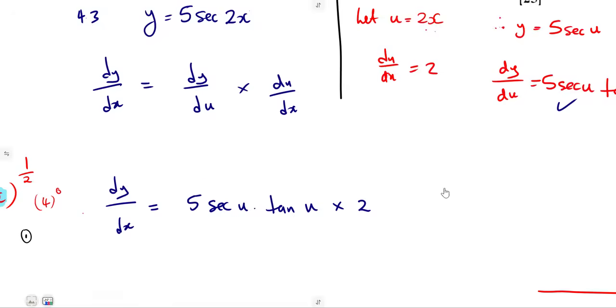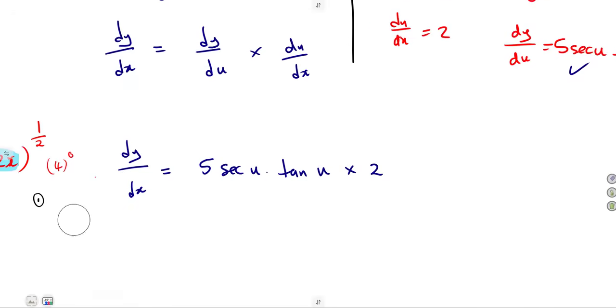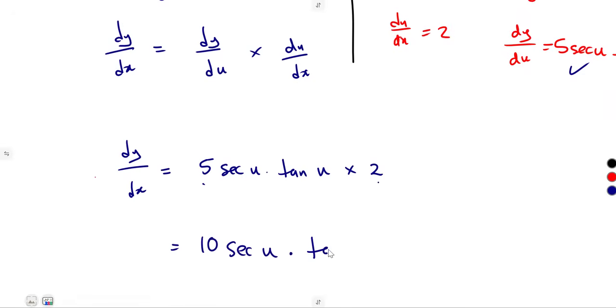Combining these together, we can multiply the 5 and the 2. That's going to be 10 sec of u times the tan of u, which is not complete because we are talking about the derivative of y with respect to x, but our answer is not having x, it is having u.